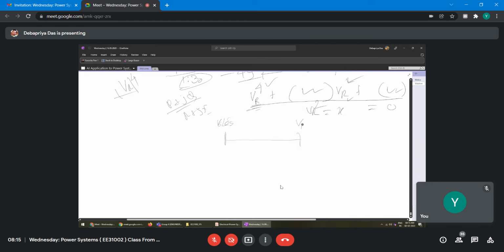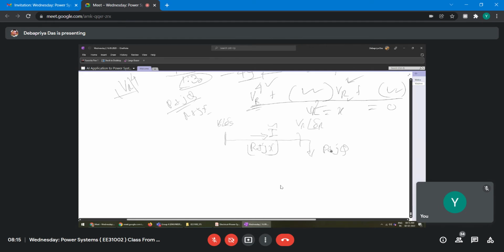This is your receiving end, say angle delta R. The load is here, P plus JQ, and this is the current I, right? It is a phasor quantity, and the impedance is R plus JX, right?